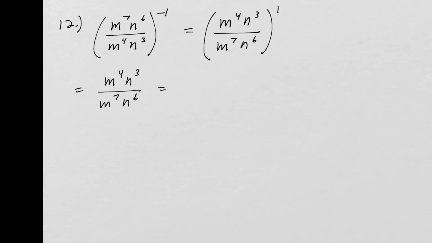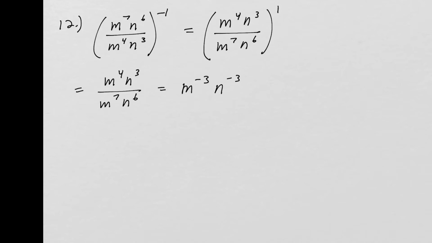If I have m to the 4th divided by m to the 7th, I keep the base and I subtract the exponents. Well, what's 4 minus 7? That's negative 3, right? And then for the n's, I do the same thing. I have n to the 3rd divided by n to the 6th, so it's n to the 3 minus 6, but 3 minus 6 also happens to be negative 3.